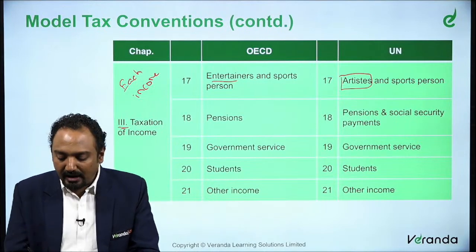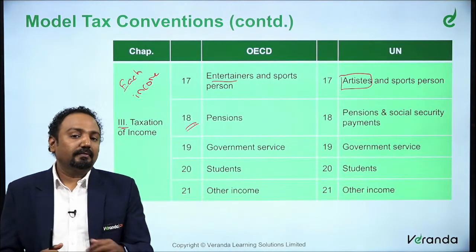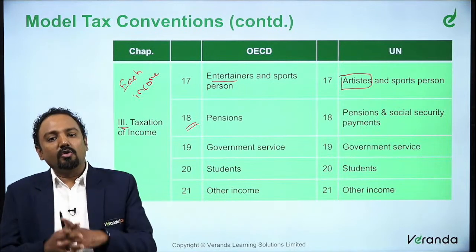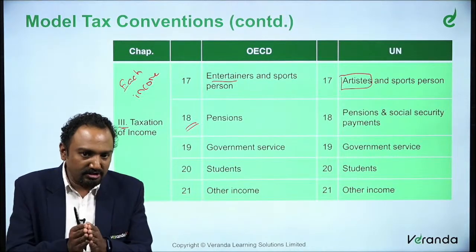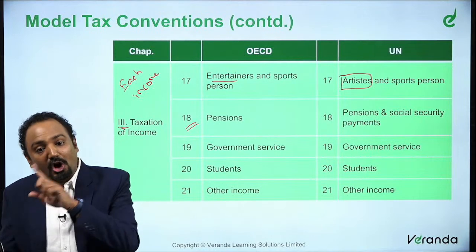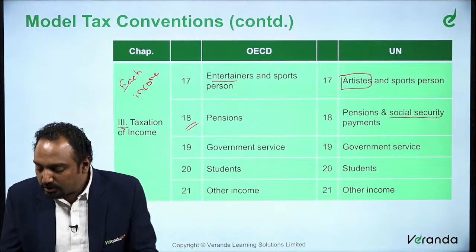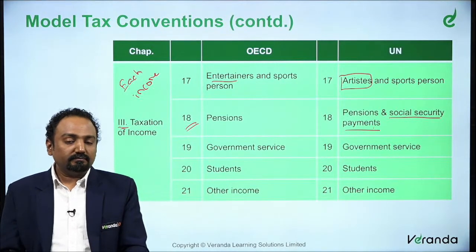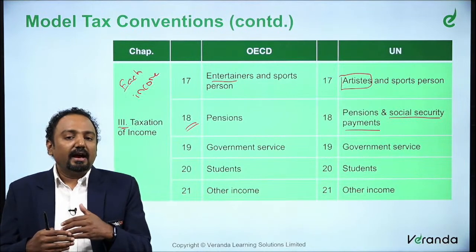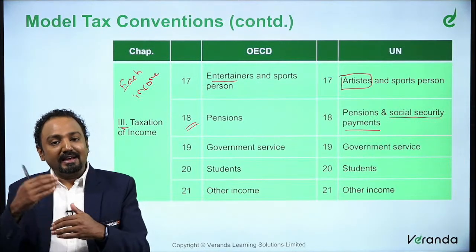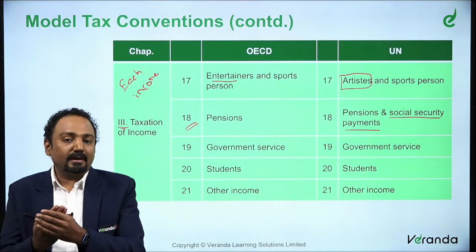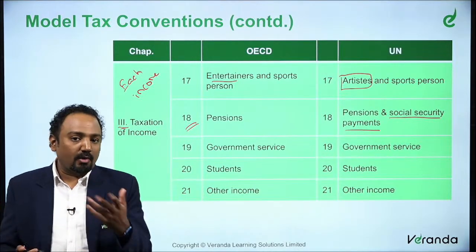Article 18 is about pensions. Here also the OECD restricts only to pensions, but the United Nations says not just pension, but all social security payments. Social security could be anything that supports an employee, let's say provident fund or whatever fund.